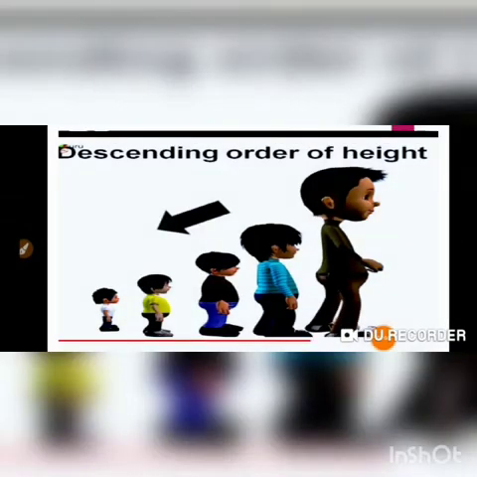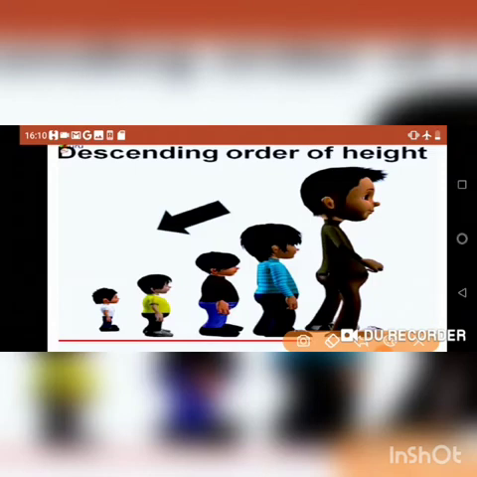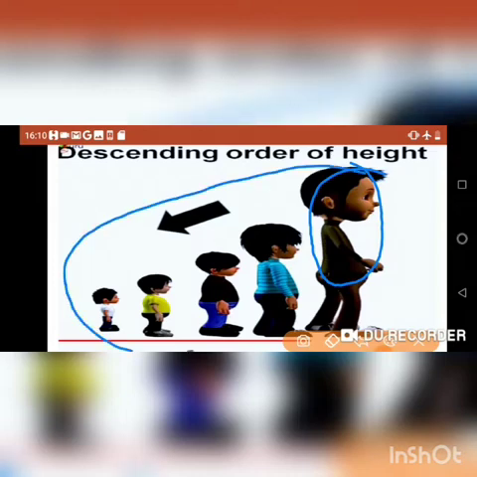Here is a group of children with different heights, means they are standing according to their heights. If you start observing from the right side, the boy at first position is the tallest among all, right?